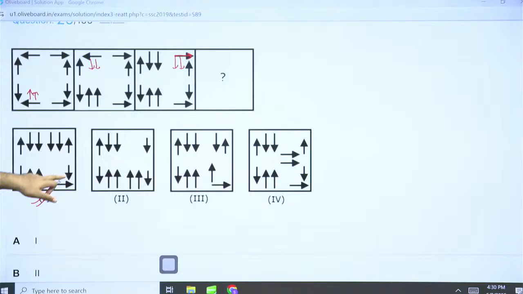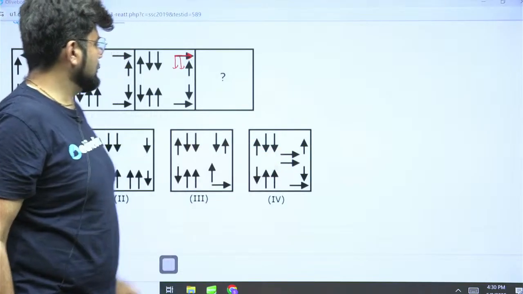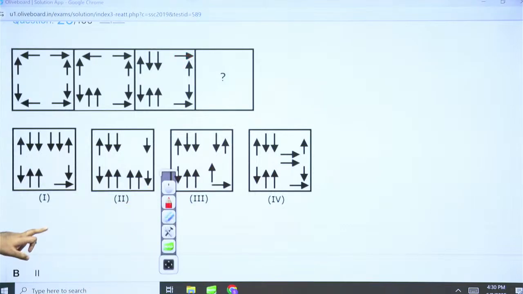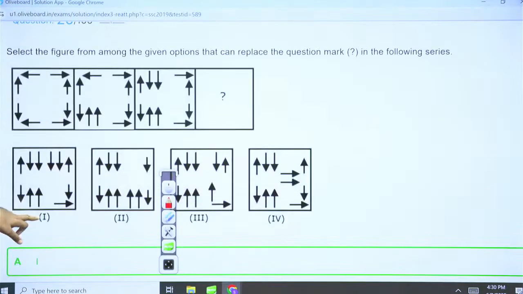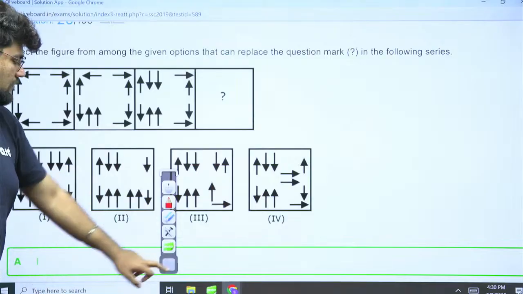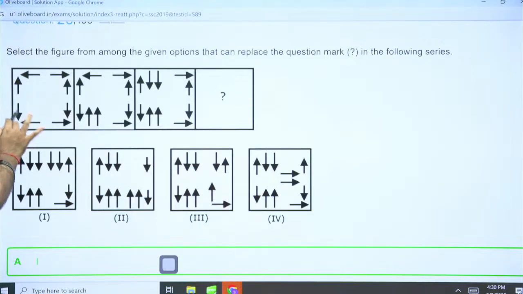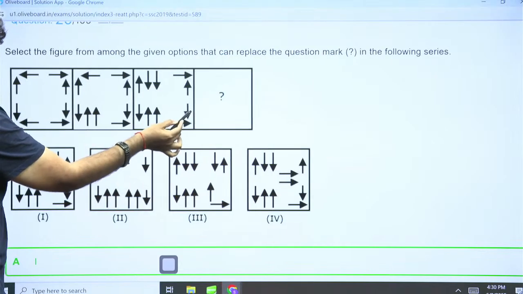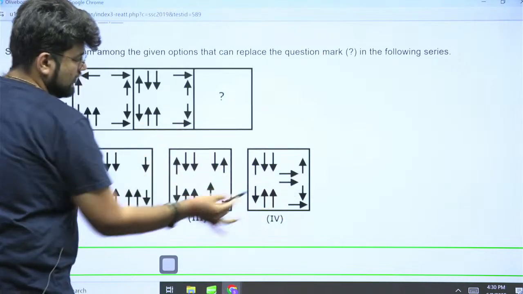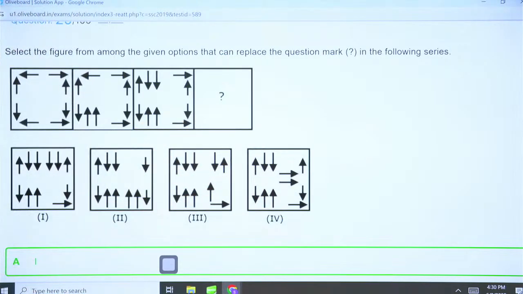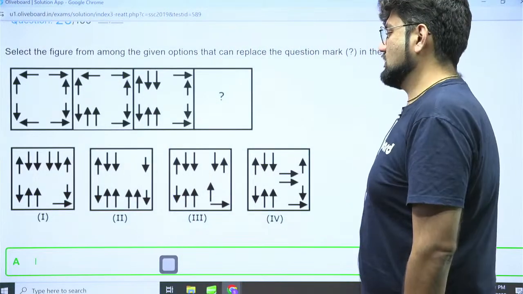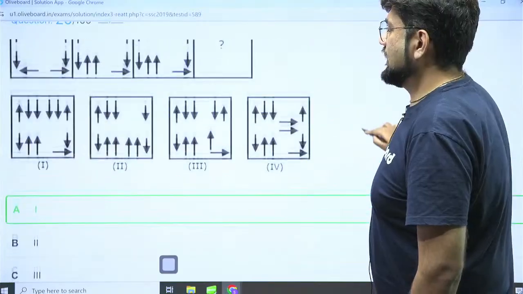I think option 1 is the correct answer here, because in this pattern there is a lot of movement. Okay. But if I take a gap of 2 arrows, let's say 1, 2 and this arrow, 1, 2 and this arrow if I move, so this is the one I should have moved. But this is not moving in D also, no? This is not moving anywhere. And they are not doubling the arrows in the rest of the options. So option A is the only correct possibility.